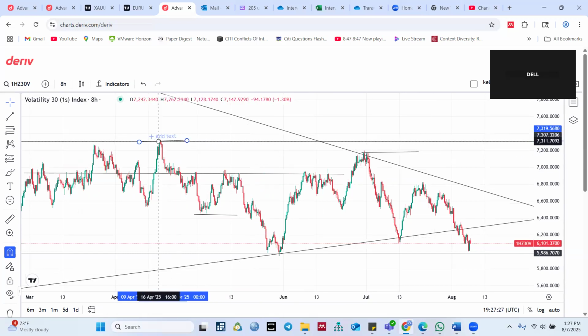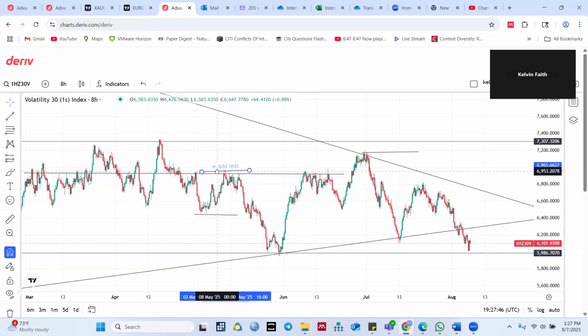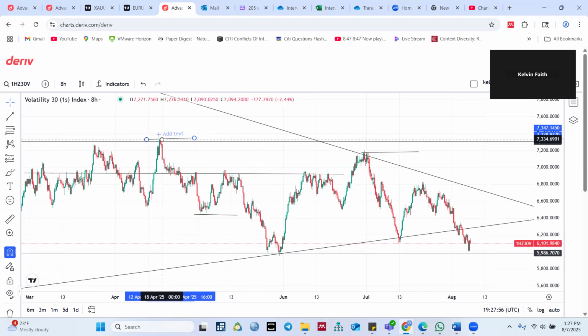It started from up here, because this is the last high that broke this first structure here and gave us this area. And from here we pushed up into here. Okay, so though this area also gave us another break to the downside, the main context started from up here.